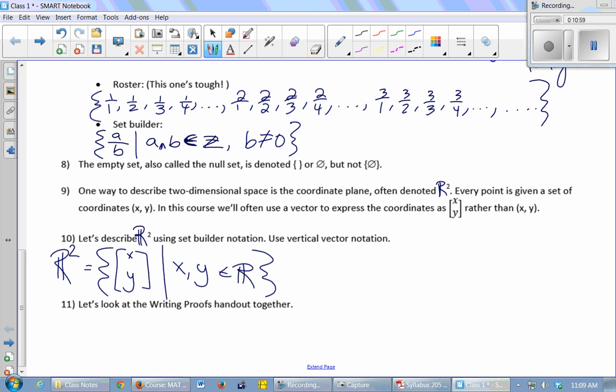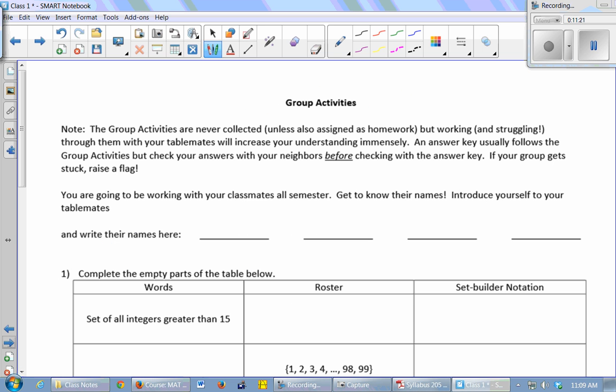So that describes the entire xy plane. Set of all ordered pairs x, y, so that x and y are both real numbers. That make sense?